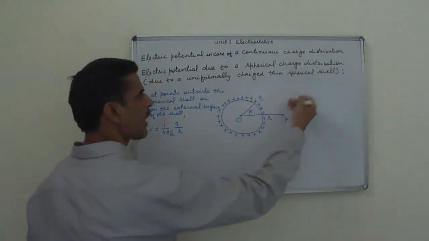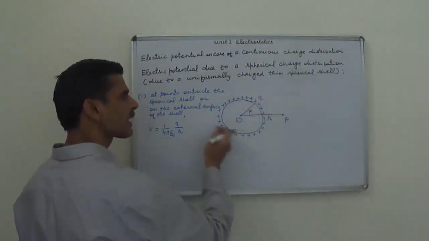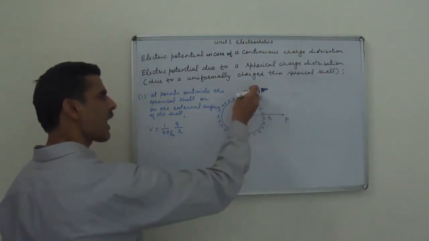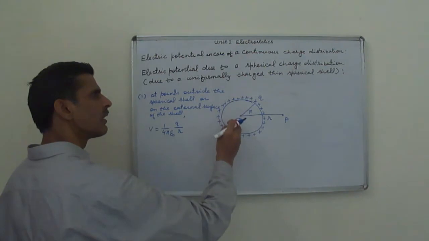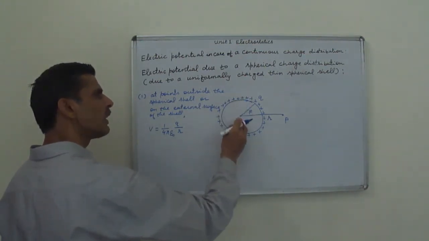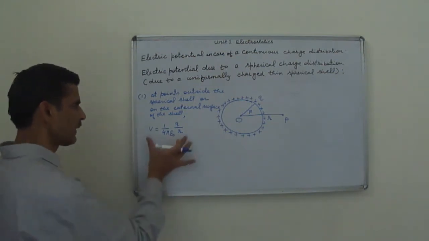That is, for outside points, as well as for points on external surface, charge on the spherical shell can be assumed to be concentrated at the center of the shell.